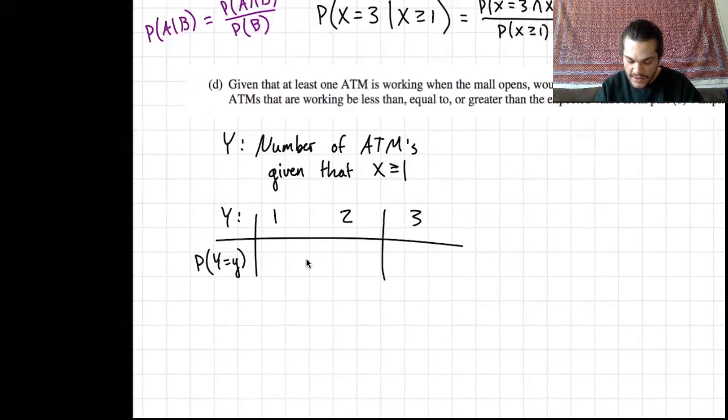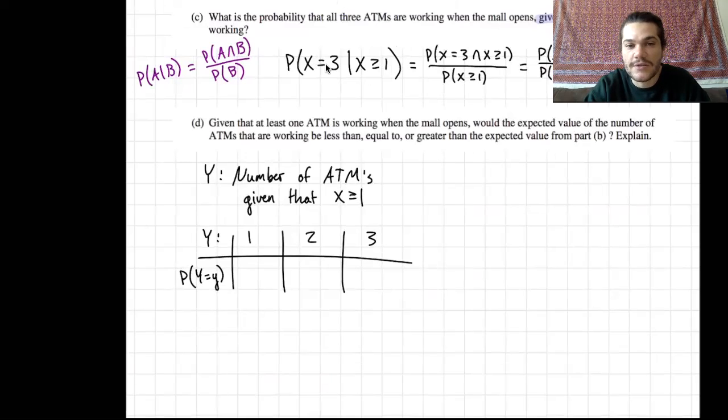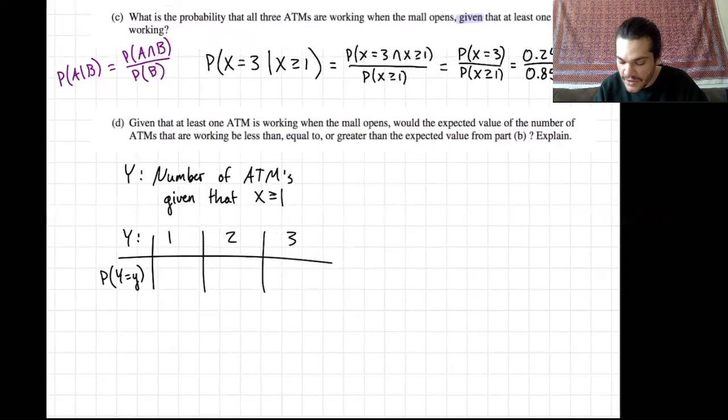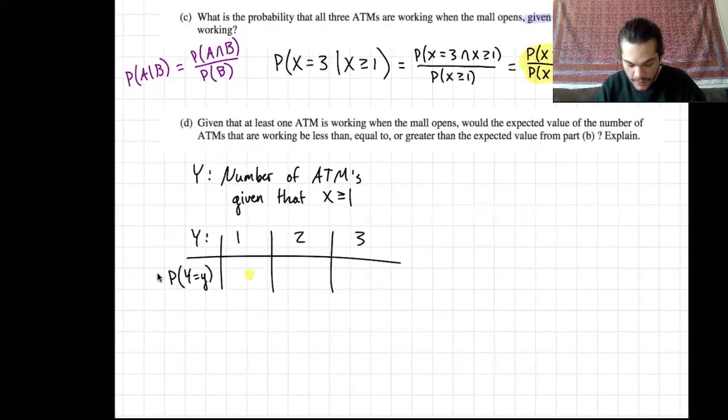And now what's going to be the probability of each case, the probability that the variable y takes on one of these values, 1, 2, or 3? Well, we already found 3. That's what we did up here: the probability that x equals 3 given that x is at least 1. And what really happened there was we took the probability that x equals 3 and divided by the probability that x is greater than or equal to 1. So we can do that down here for 1 and for 2. We already have 3, which is 0.282.